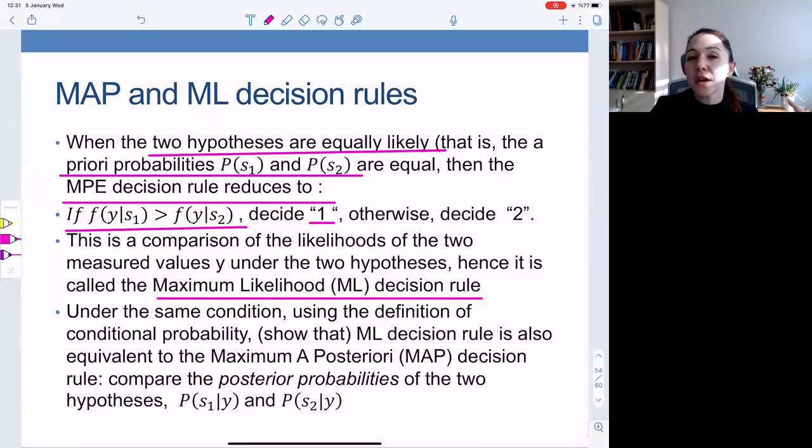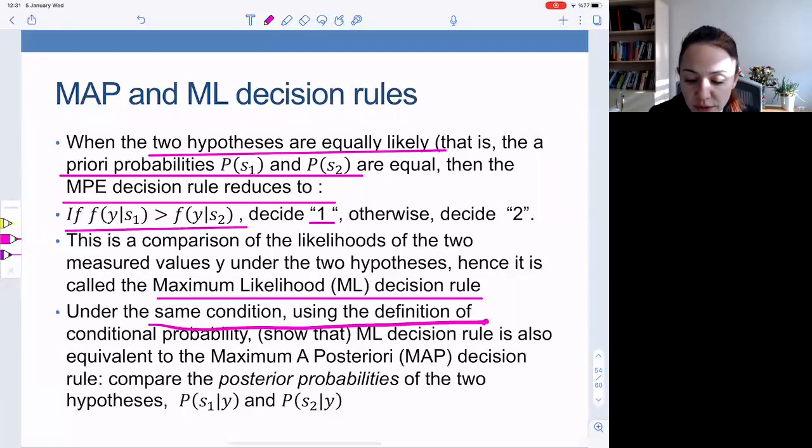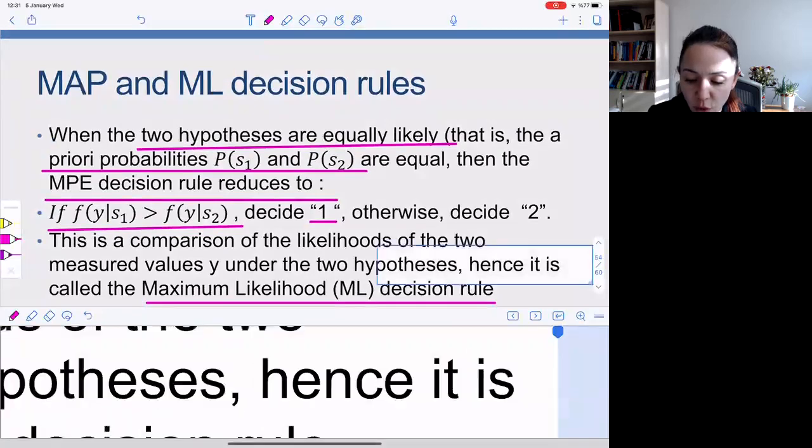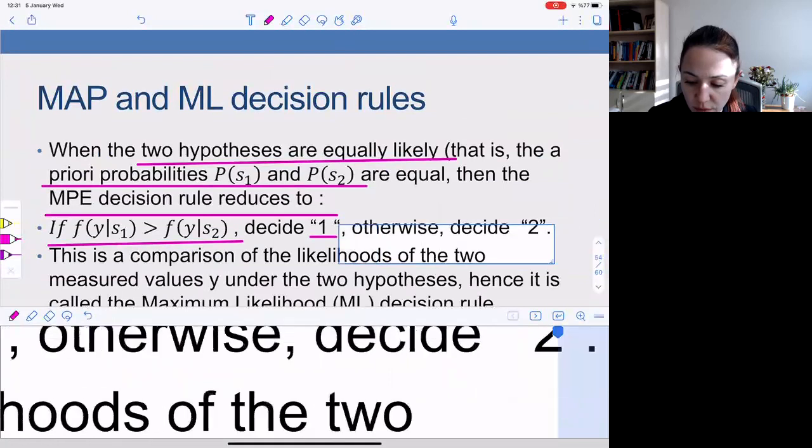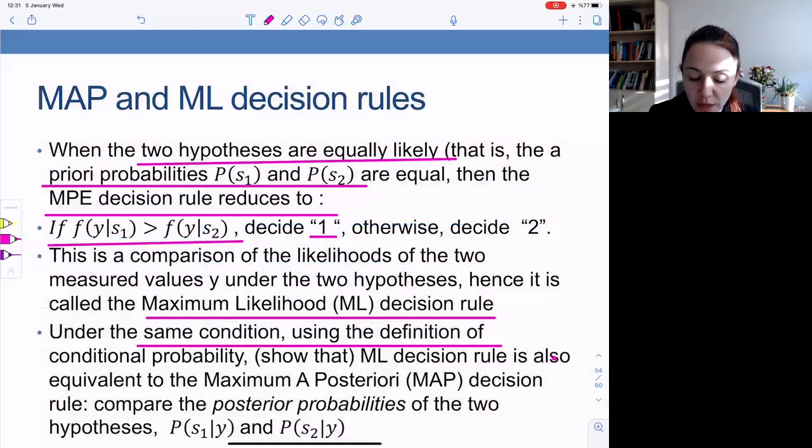Choose S1 if this particular value of y that you received is more likely to happen under the hypothesis S1. Under the same condition, using the definition of conditional probability, you can show that the maximum likelihood decision rule is also equivalent to the MAP decision rule.